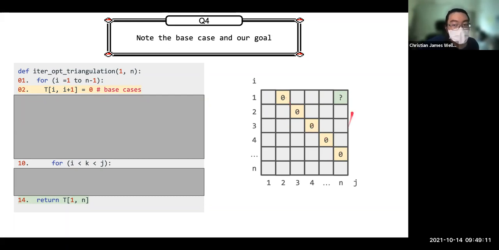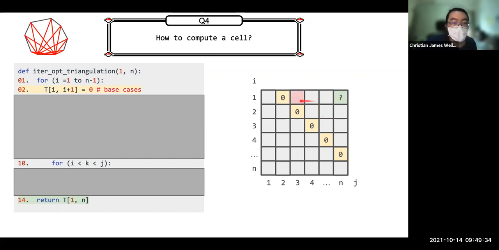And our goal is this value over here, T1n. This is our goal. If you think about it in terms of the table, you go diagonally from this diagonal, going up diagonally until you reach this cell. So perhaps there's an approach.